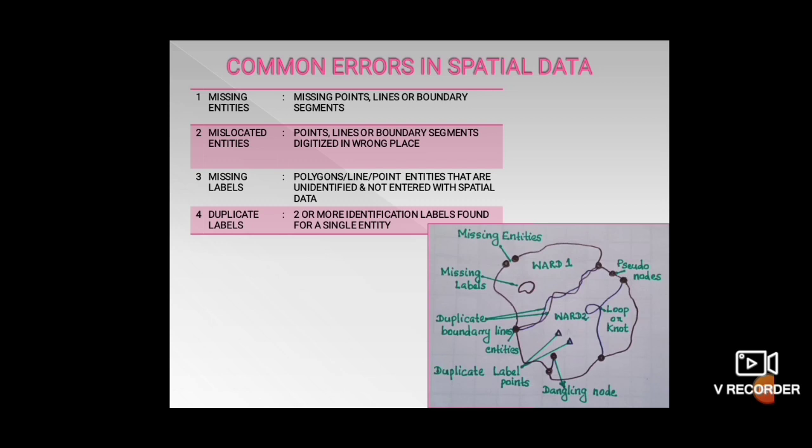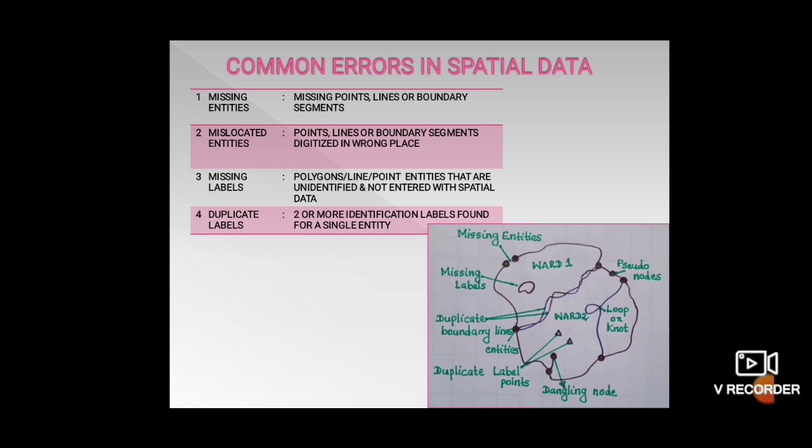Next is mislocated entities. Sometimes the point or line entities are digitized by the operator in the wrong place. We call that a wrongly placed or mislocated entity. Missing label: some polygons, lines or point entities are unidentified and not entered with actual spatial data.